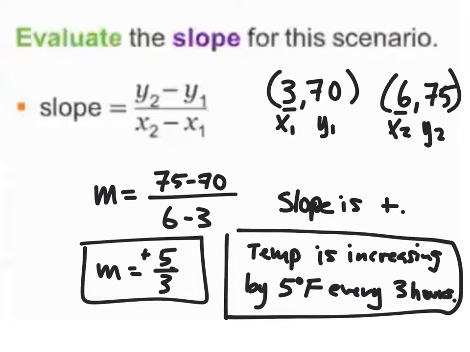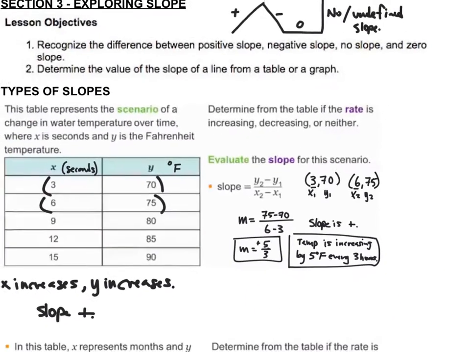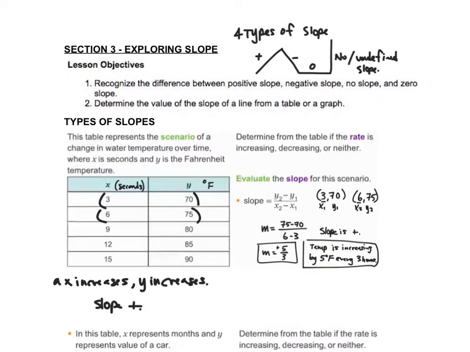All these things kind of mean the same thing, but we've got to be able to take our slope and put it into context. We have to determine whether it's increasing, decreasing, or neither. So the temperature is increasing because my slope is positive.